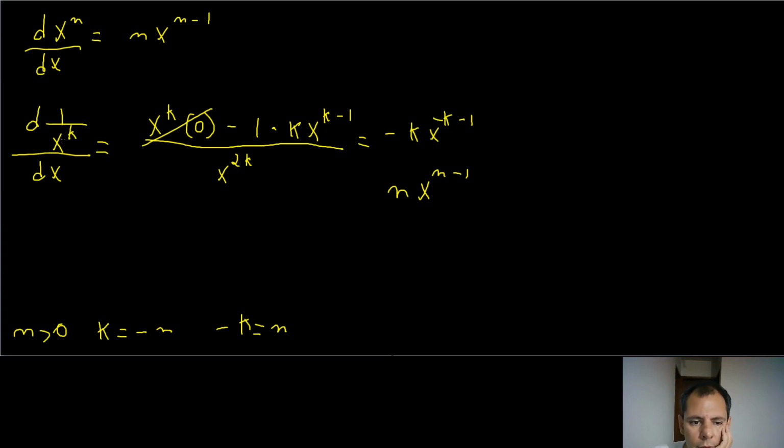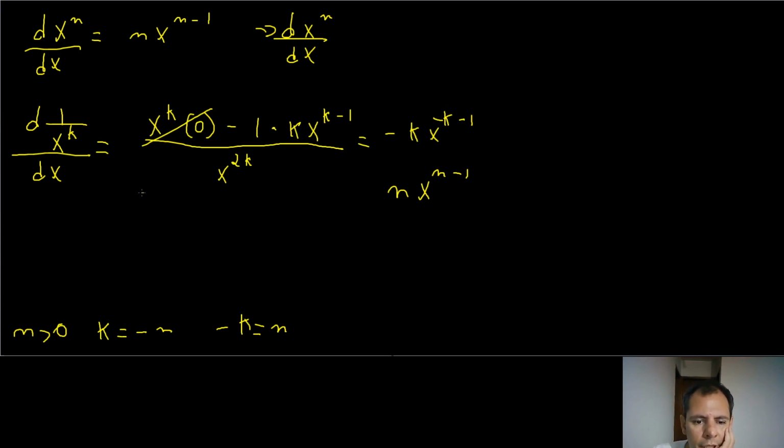Since k equals minus n, this thing here equals the derivative of x to the n with respect to x. Why? Because k equals minus n and n equals minus k. So this formula and this formula are the same.